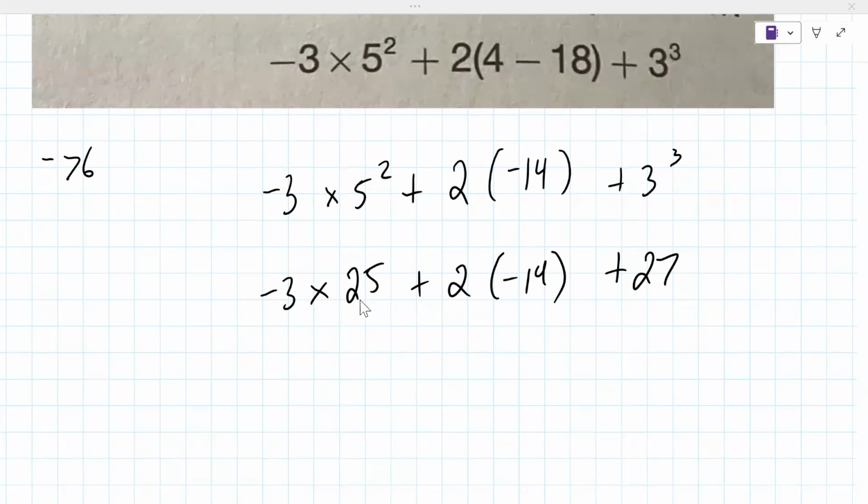Again, you're welcome to use that calculator if you have it handy. -75.